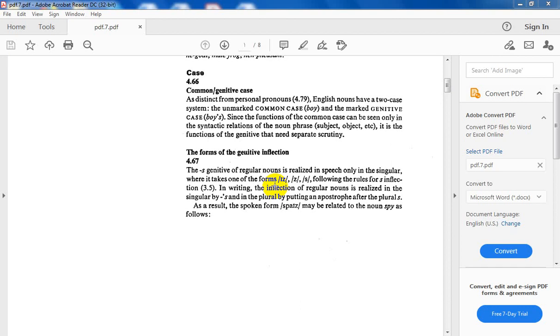But in writing, the inflection of regular nouns is realized in the singular by apostrophe plus S, and in the plural by putting an apostrophe after the plural.